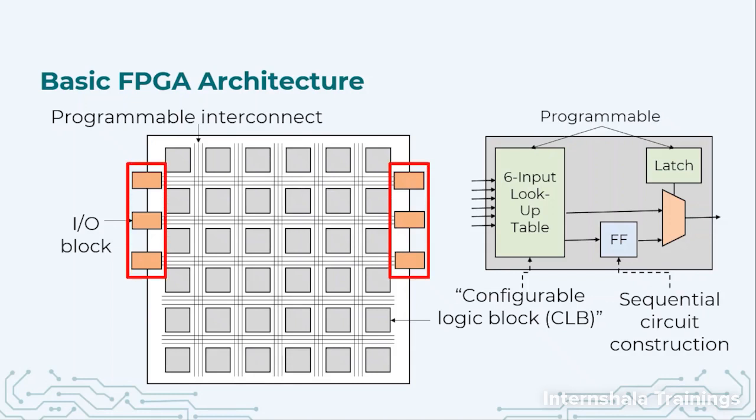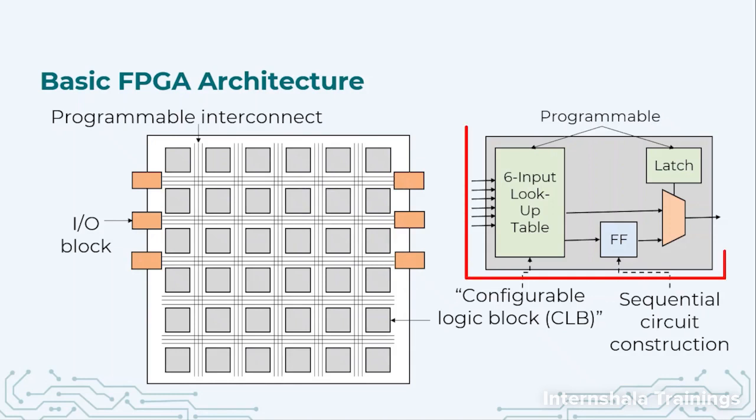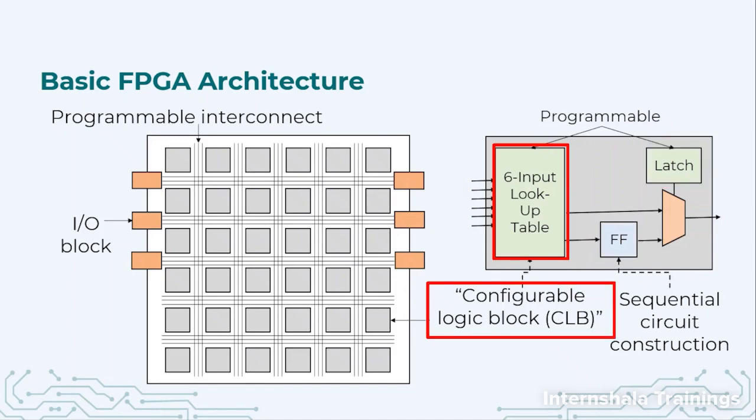So if we look at the square box, then inside the square box, which we call the programmable unit, we have lookup tables, we have latches and flip-flops. The lookup tables are inside the configurable logic blocks. In short, we call them CLB.